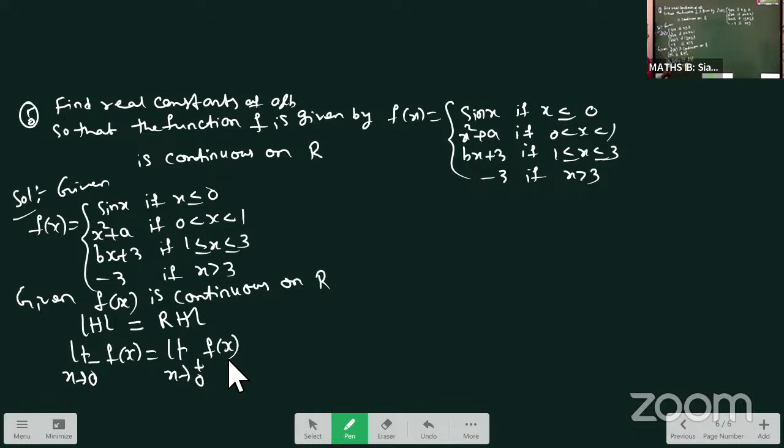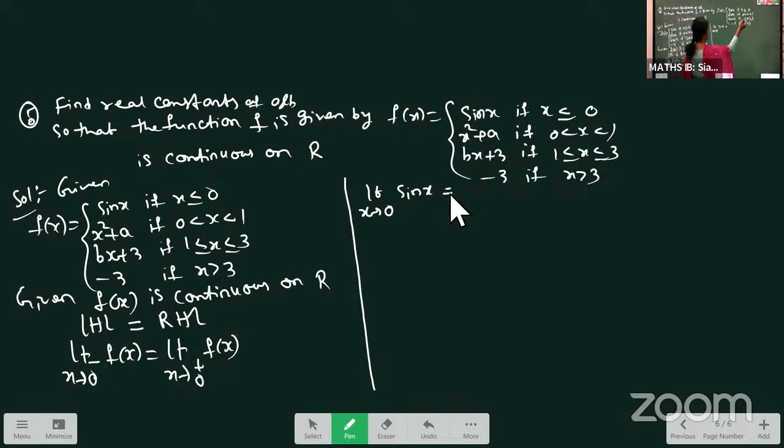Now, limit x tends to 0 minus f of x: when x is less than 0, its value is sin x. When you are substituting, you can remove the minus. So limit x tends to 0, sin x, is equal to limit x tends to 0 plus f of x.